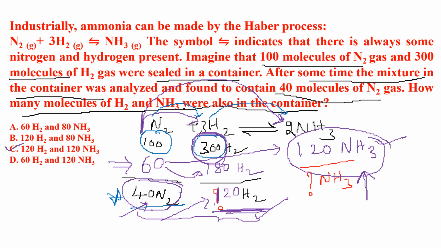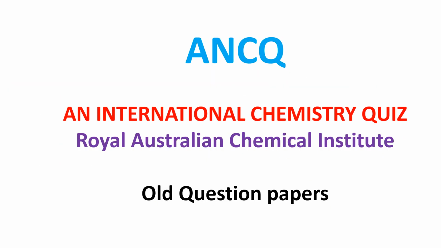He is asking regarding hydrogen as well as ammonia, beta. This is about a chemical reaction: how many molecules are present in that container? Okay. So this is regarding Haber's process, how many molecules of H2 and NH3 are present.